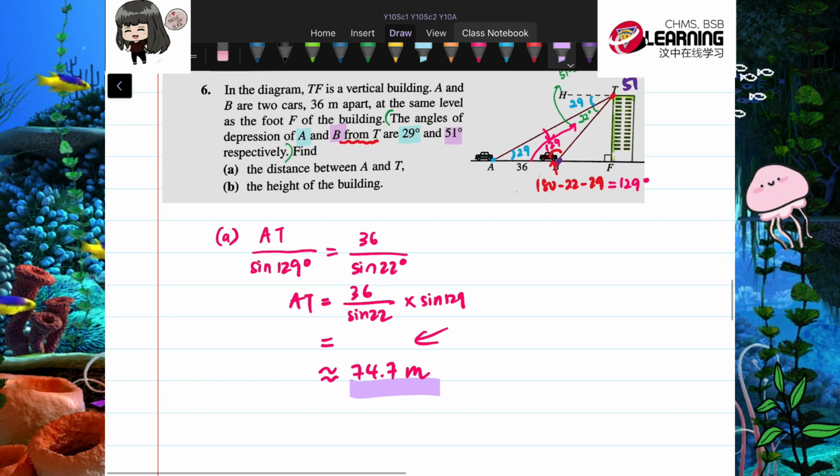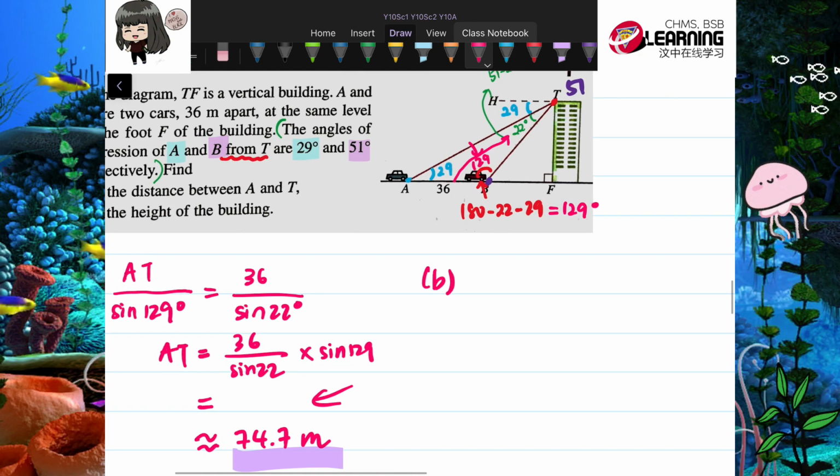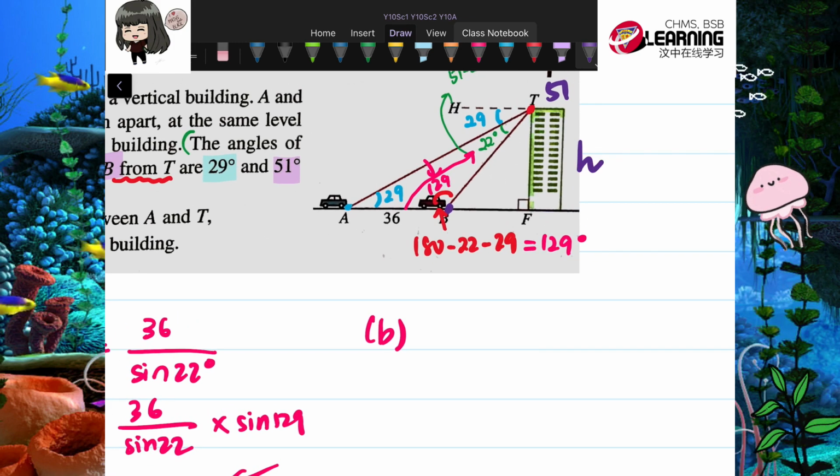Okay, so the height of the building. How to find the height of the building? The height of the building here is H, I leave it as H. So we have another triangle over here, BFT. This angle here, we know is 51.